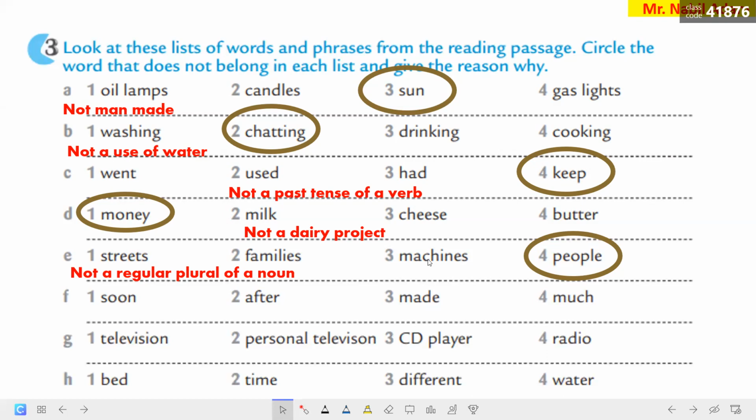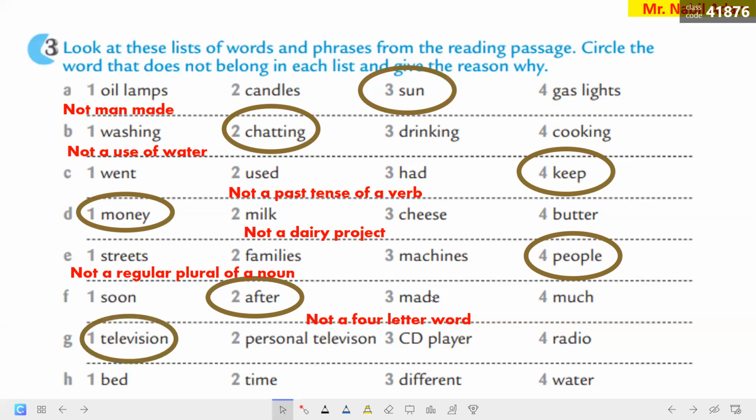Soon, after, made, much. After is different because it is not a four-letter word. Soon, made, and much are similar because they have four letters, and after has five letters. Television, personal radio, CD player, radio.